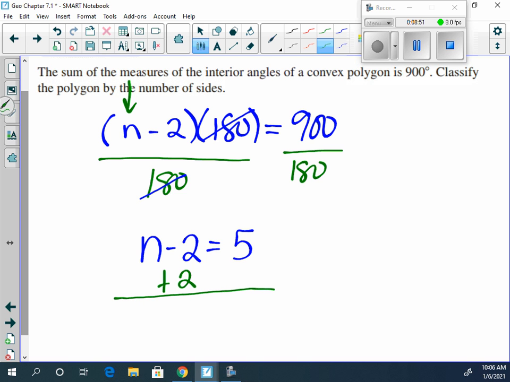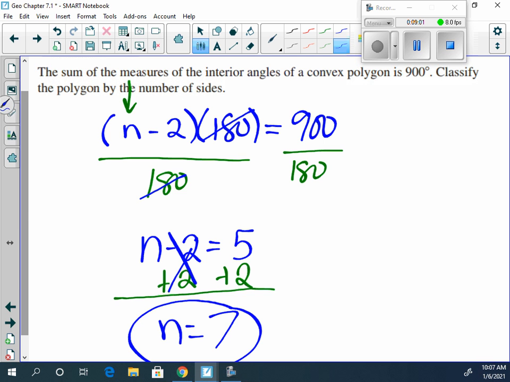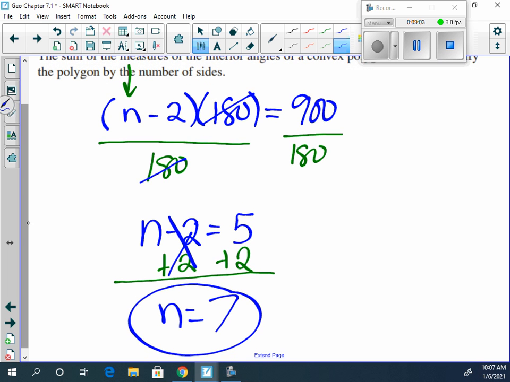We need to add 2 to both sides, because negative 2 plus 2 will be 0, giving us n by itself, and n is equal to 7. So what that tells me is that a 7-sided polygon has a sum of the interior angles of 900 degrees.